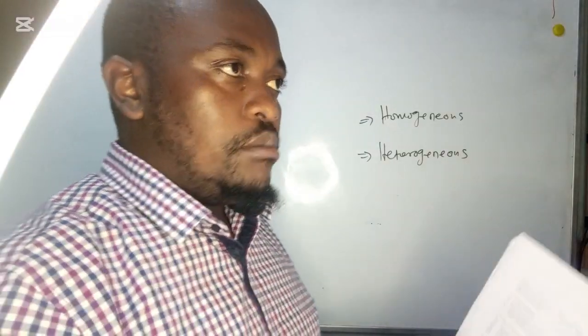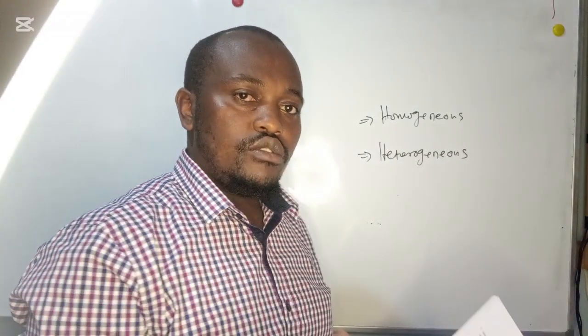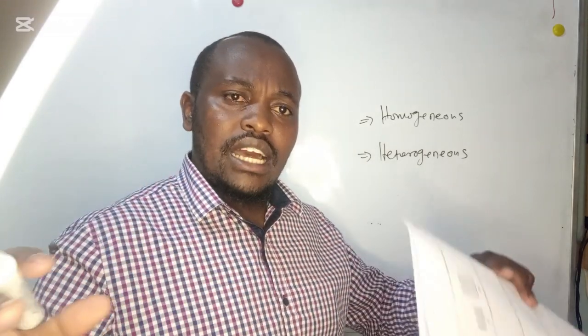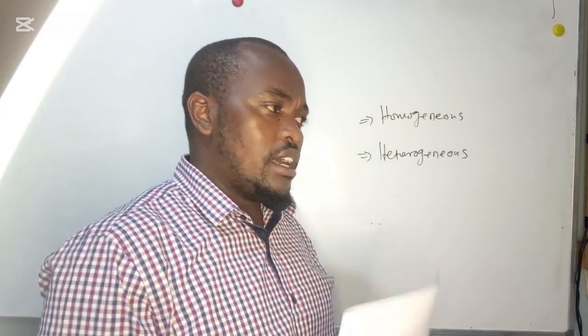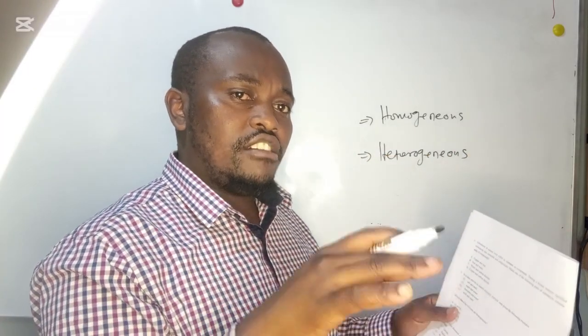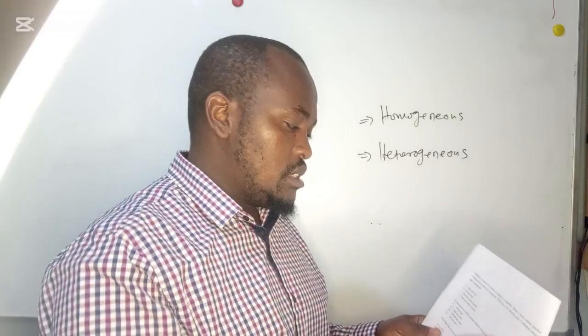An example of a homogeneous mixture is when you mix water and milk. Water and milk are evenly distributed. You cannot say in this cup there is more milk on top and more water at the bottom. No, they are uniformly distributed.